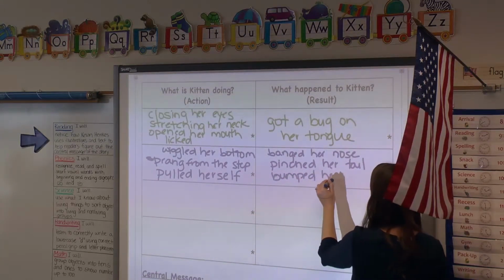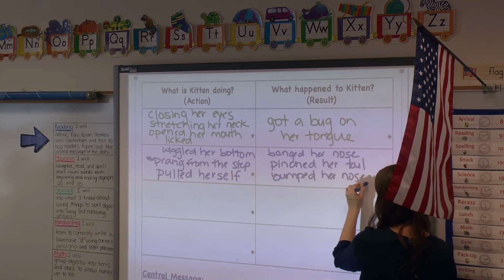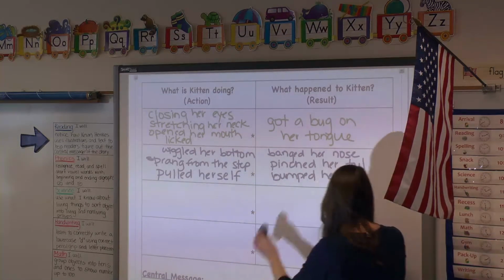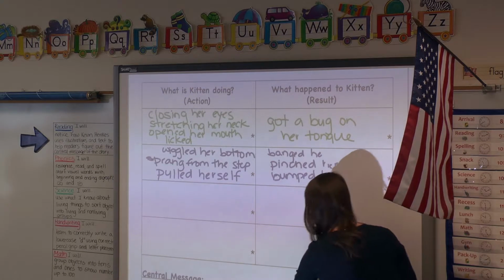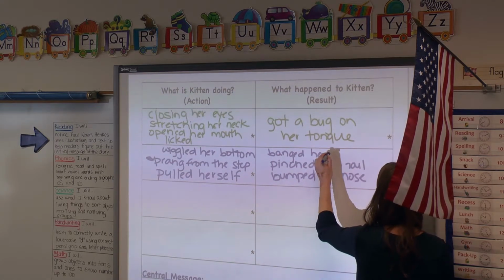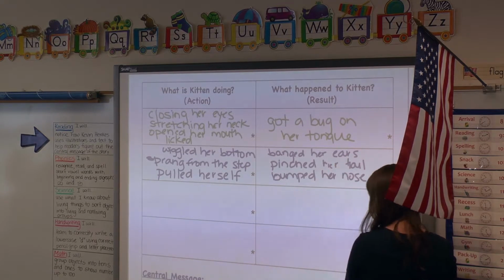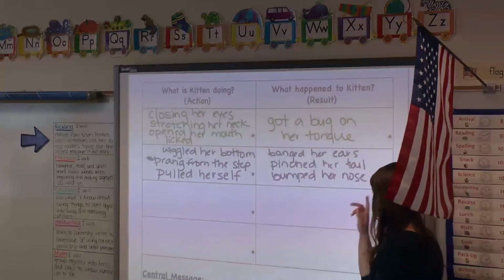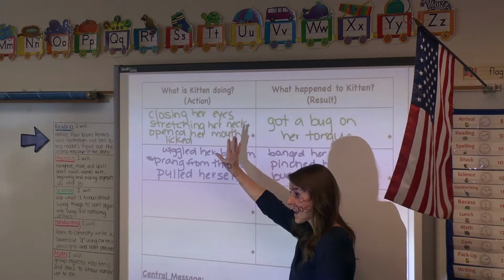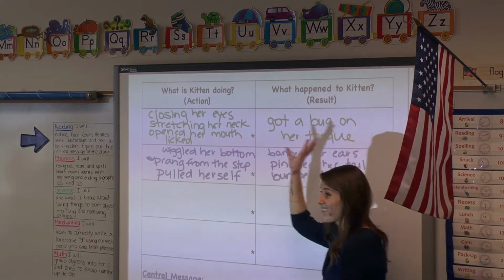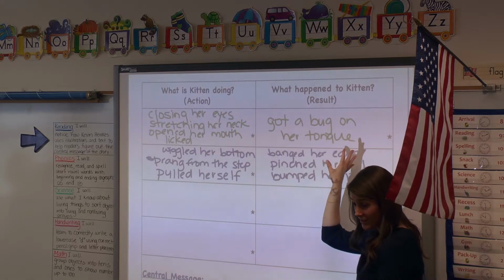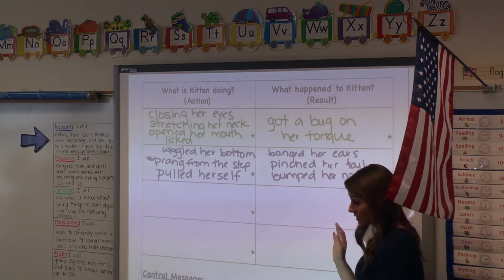She bumped her nose and then she banged her, do you remember? She banged her ear. Let me change that. Okay, so now I have showed you two ways to find actions that Kitten is doing and then two ways to tell what happened after she did those things.